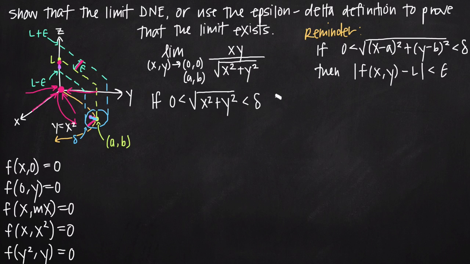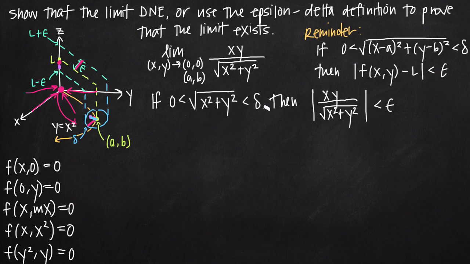So if this, then here we have the absolute value of f of x, y, so the absolute value of our function, xy, divided by the square root of x squared plus y squared, minus L. Well, we think that L is 0, so we just have minus 0, so we don't even have to write that. Then this is less than epsilon.